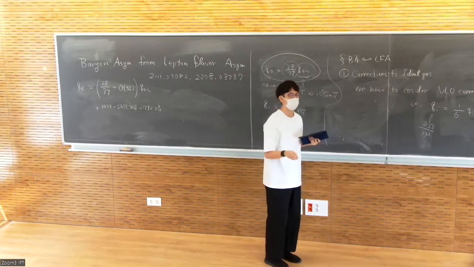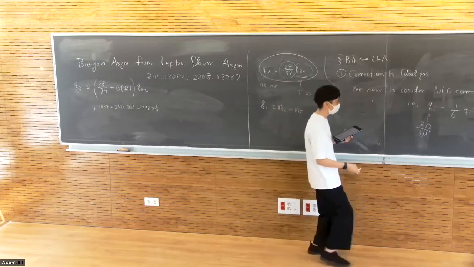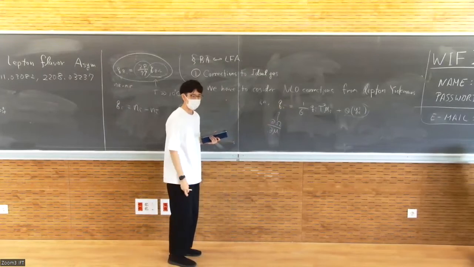But the number densities are equilibrated at high temperature. Yes, it's equivalent. I already assumed all the relations between the chemical potentials, but still, if this expression is different, then you find the difference in the final result.